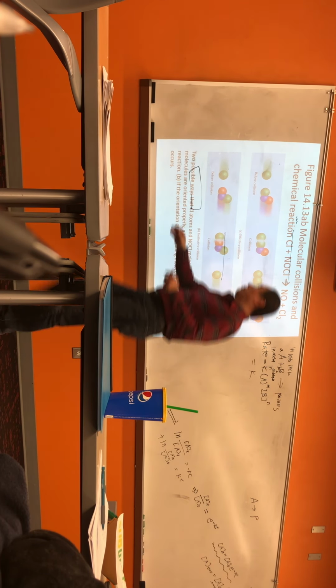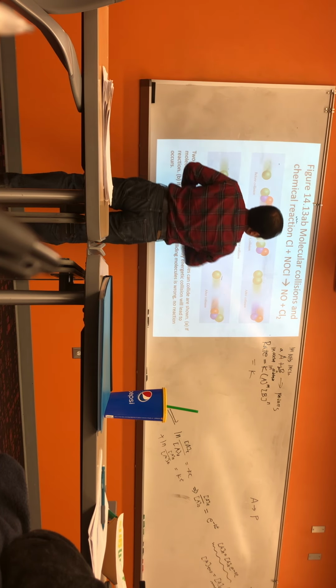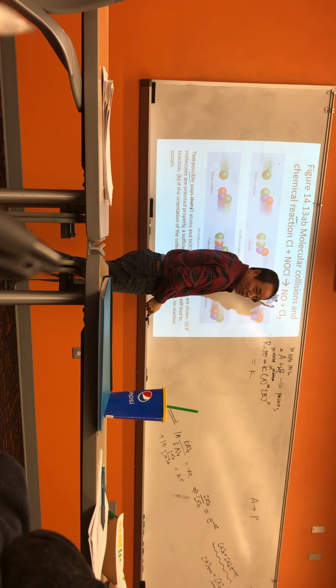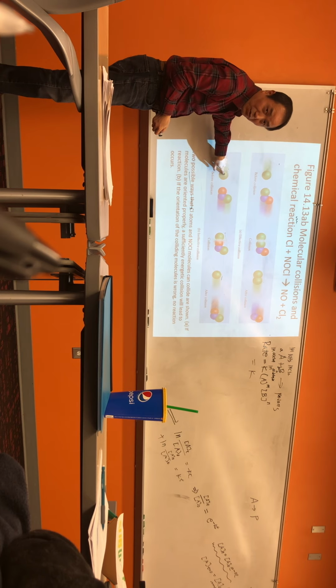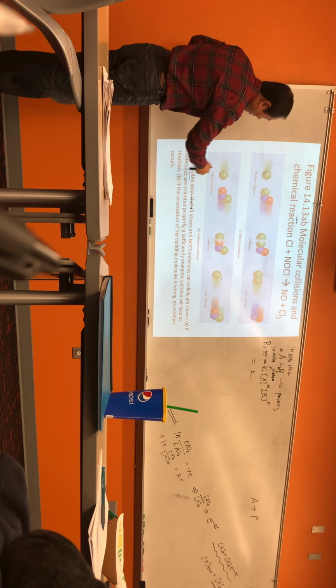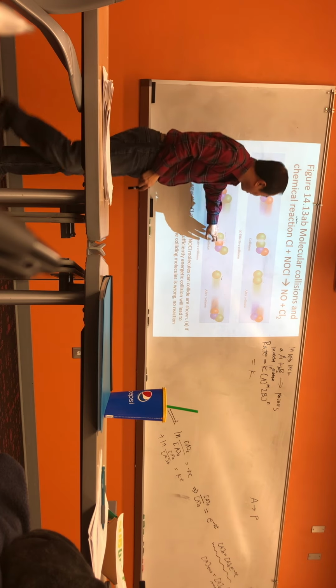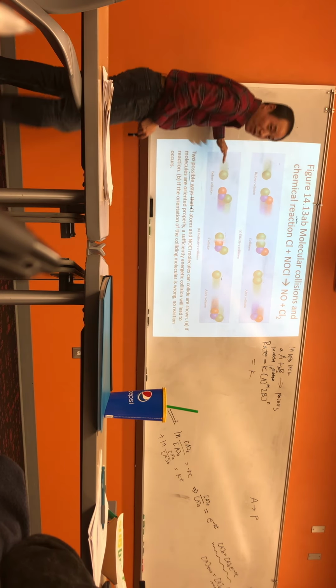So this will be an example. Chlorine meets NaCl, and they make a chlorine. This is the product. So this is chlorine here. Now this side has chlorine. It doesn't matter how hard you hit; you are not going to get the chlorine away, right? So you are not making any product. So this is the wrong orientation.